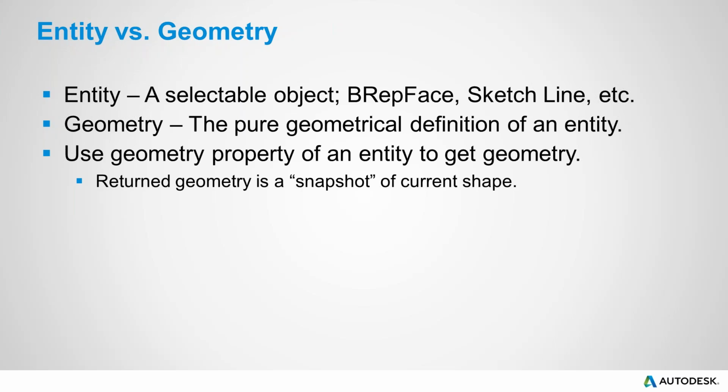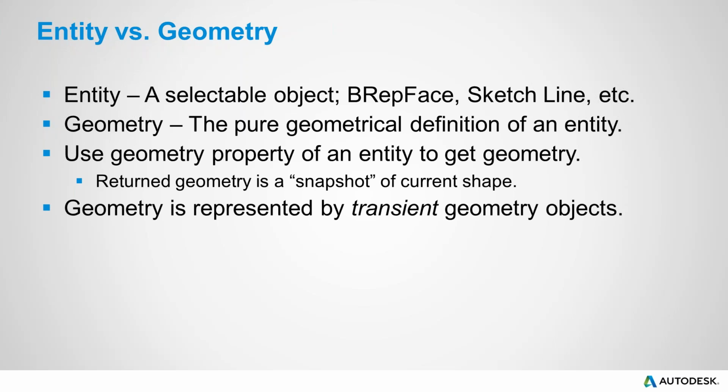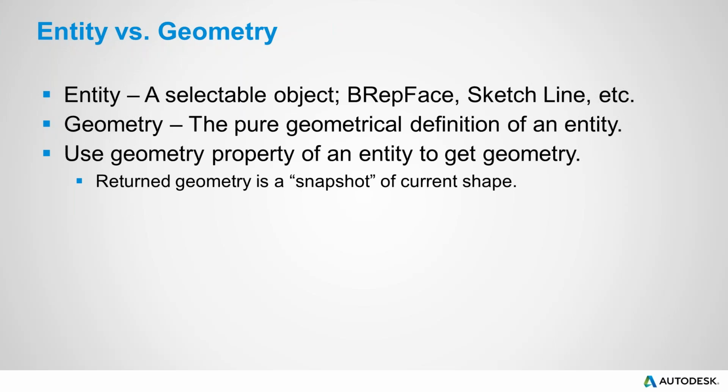It just looked at it, created the plane, and gave it to me. So if I edit the plane object that I get back, nothing happens to the face. Or if I edit the face, nothing happens to that plane. It's not going to update to show me that the face has moved in space. It's a snapshot of the current state of the entity I got it from.